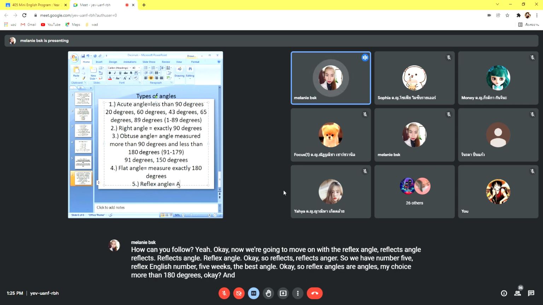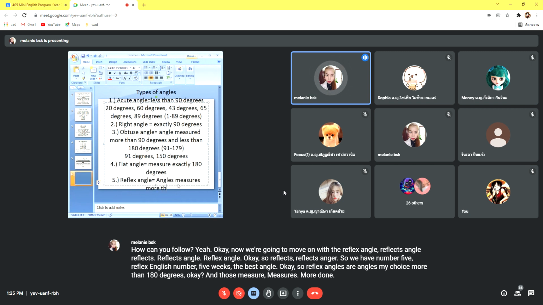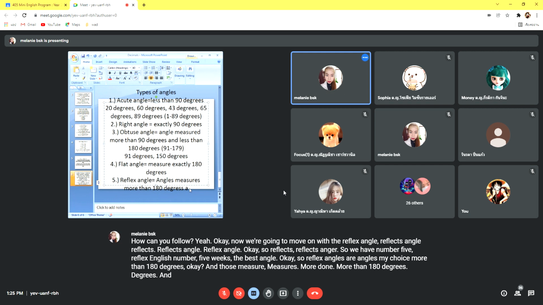Angles that measure more than 180 degrees and less than 360 degrees.